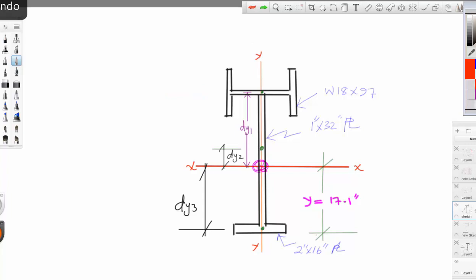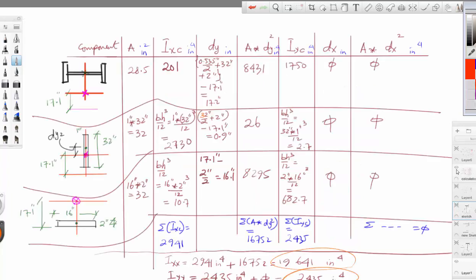So that's what the calculations are. So say 32 divided by 2, that is the height of the plate, plus 2 to the bottom, and minus 17.1. That is the answer. Again, this is in the middle, so there is no x distance. This coincides.